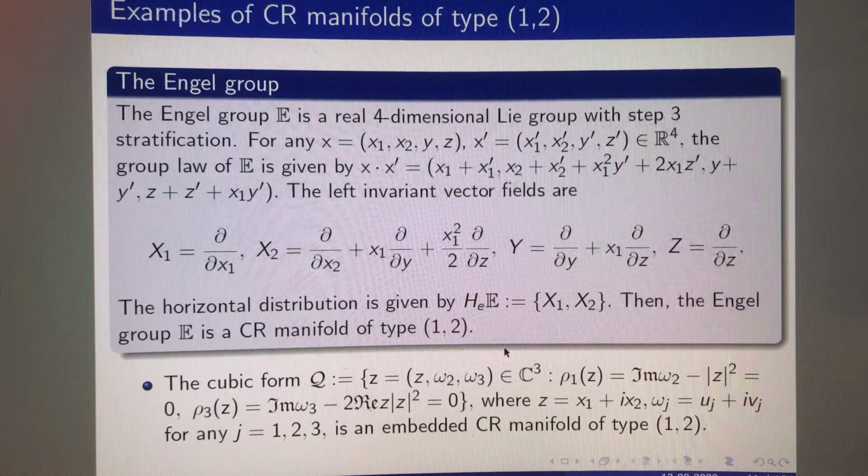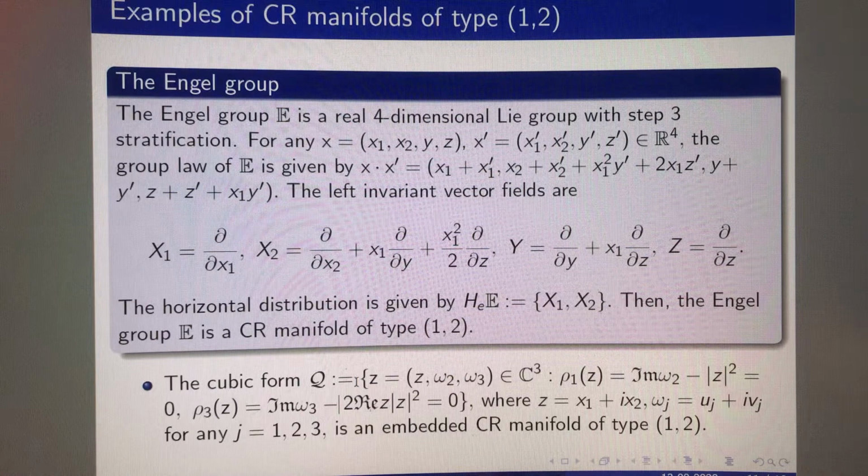So the corresponding embedded CR manifold is given by the cubic form. This is a submanifold of C^3, and actually it has a lot of further properties.